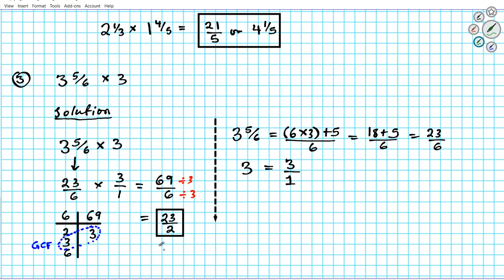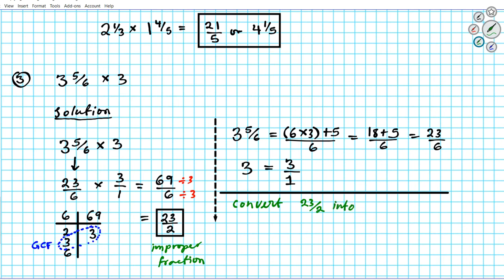Now we're going to do the next step, which is to convert it to mixed numbers. Okay, so next we're going to convert the improper fraction 23 over 2 into a mixed number.